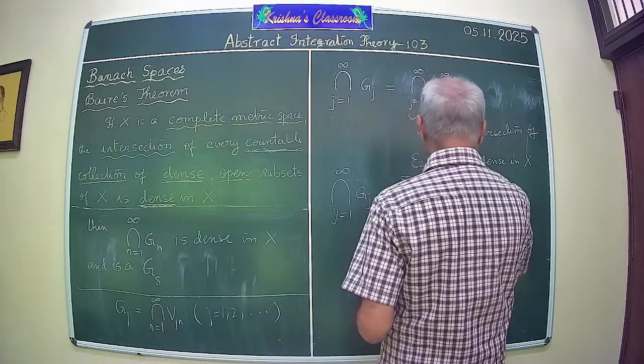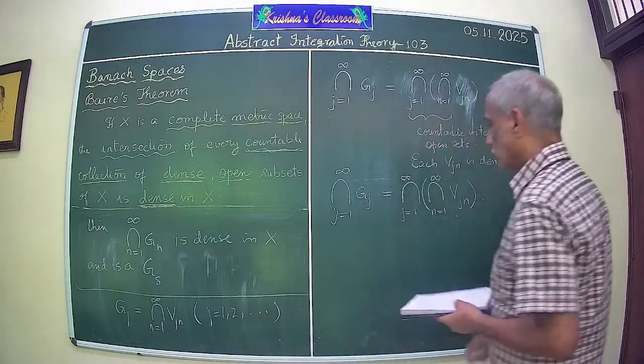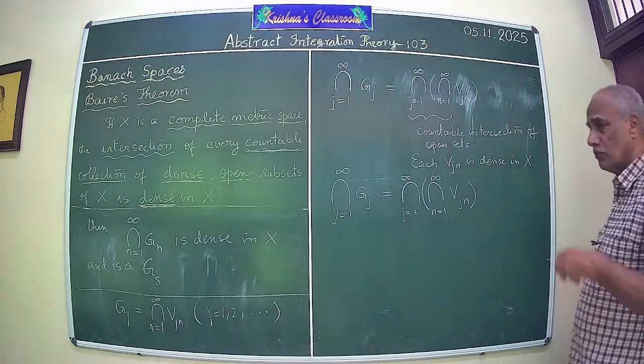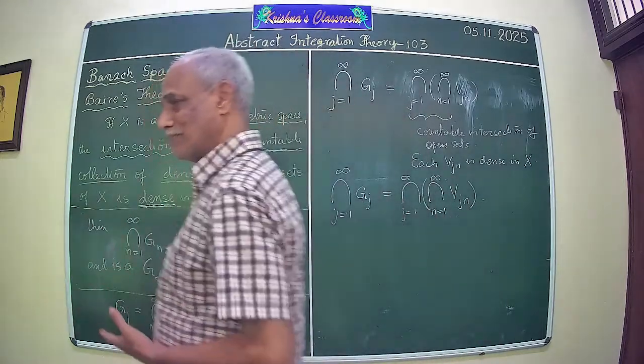Together it's a countable intersection, as we have observed. A countable collection of countable collections is countable. That is the argument.